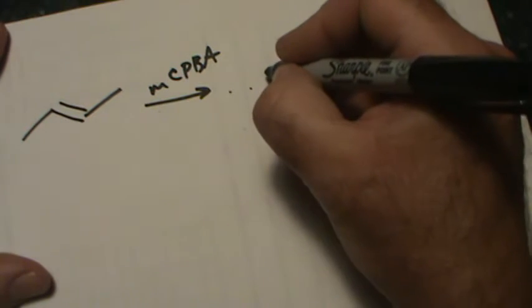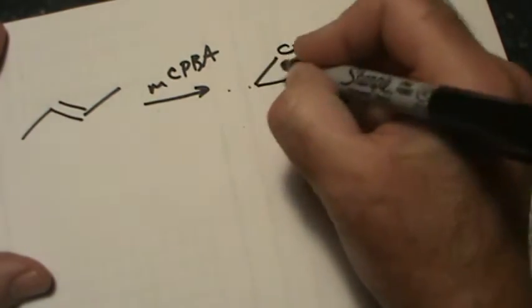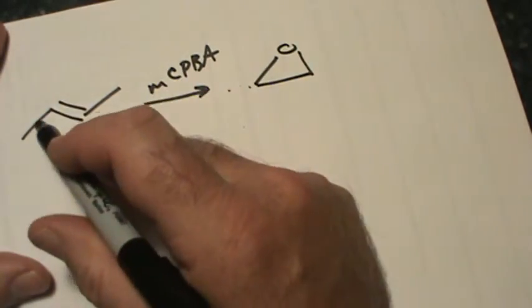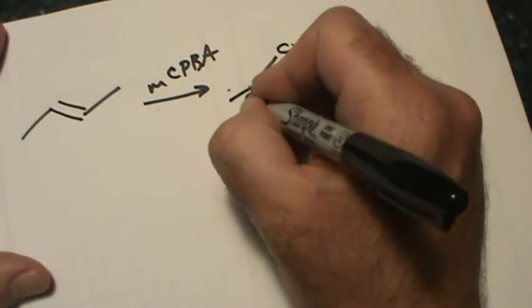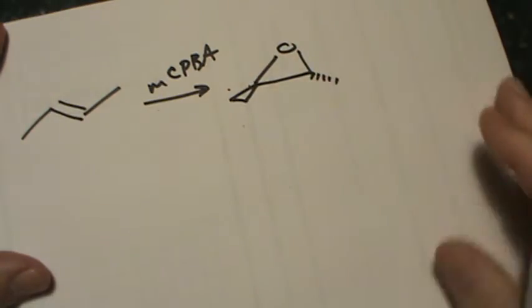Both bonds between the two carbon atoms of the alkene to the new oxygen atom are going to form at essentially the same time, hence the description as a concerted reaction. And that's going to lock in the stereochemistry. We start with trans methyl groups here, and so we're going to continue to have trans methyl groups.